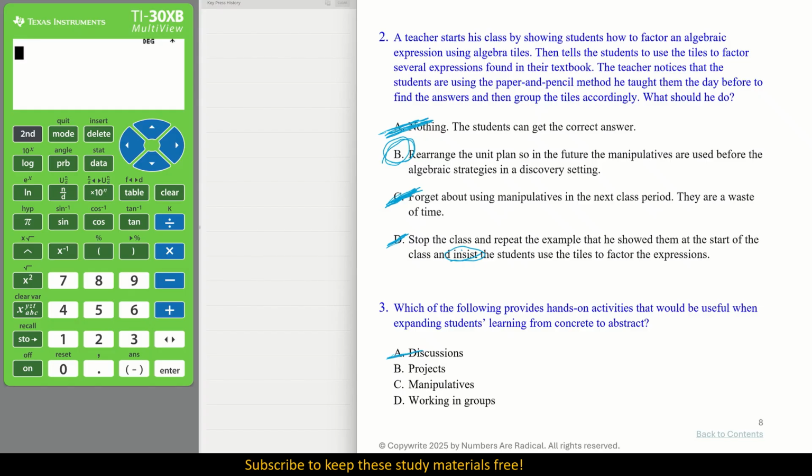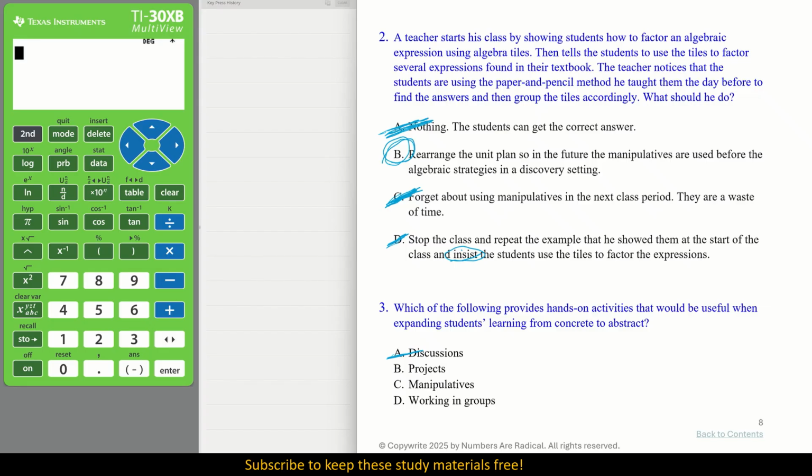Concrete to abstract projects, I disagree with that because projects would be after they understand the abstract. Projects are at the end of understanding, they're not for that discovery. Concrete to abstract implies discovery and moving on. It's a continuation.